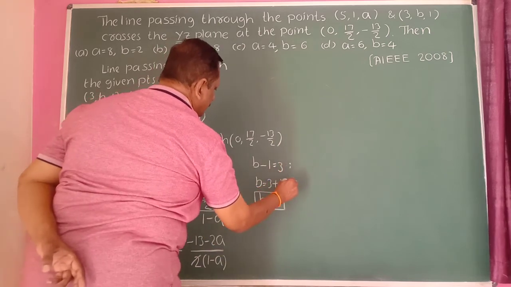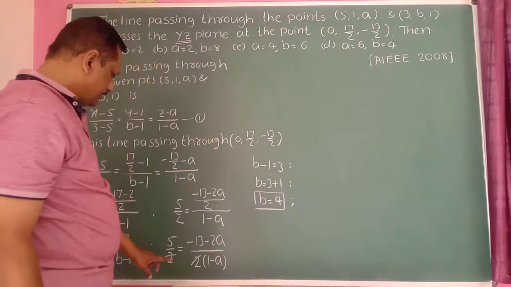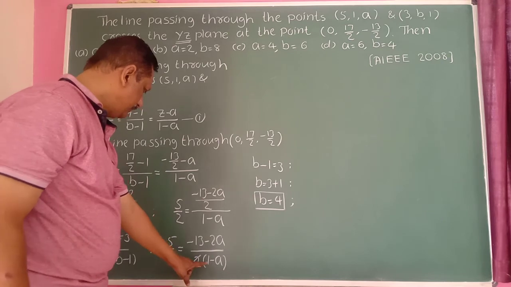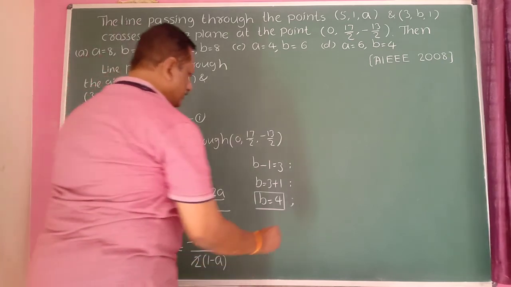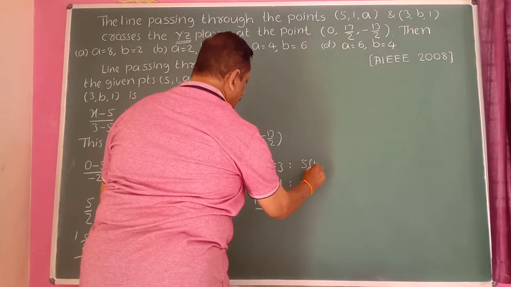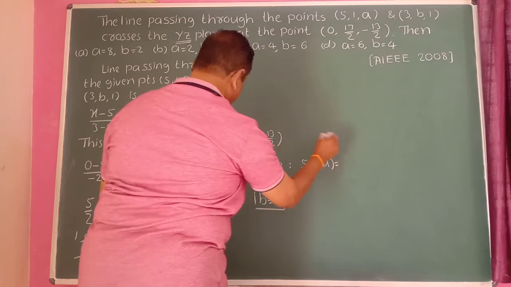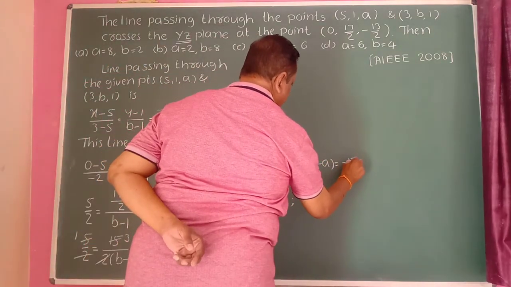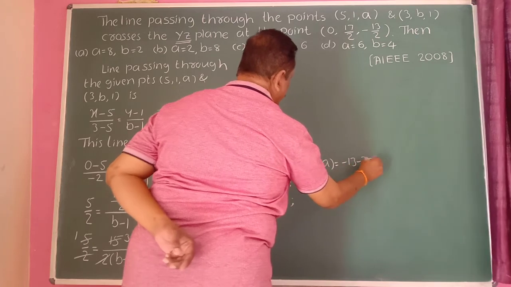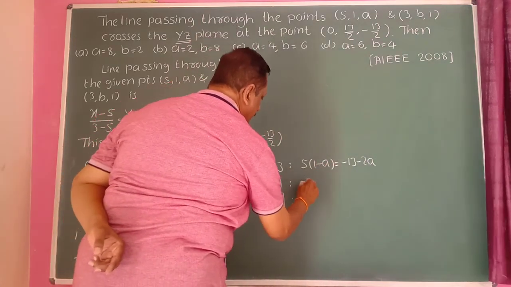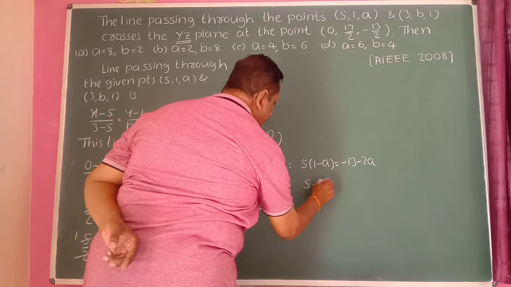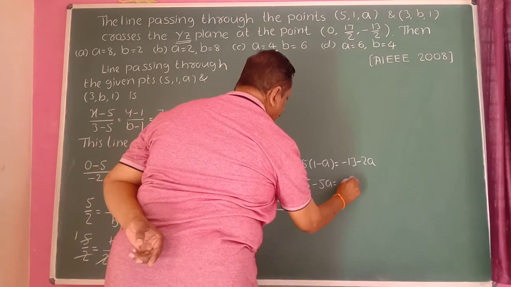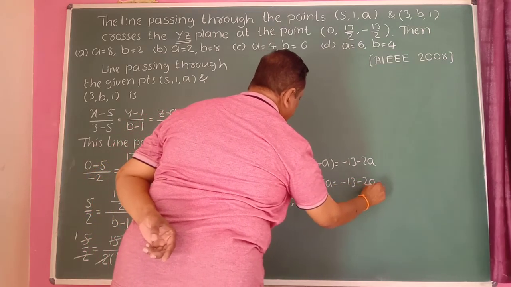Similarly, taking 1 minus a to this side, 5 into (1 minus a) is equal to minus 13 minus 2a. 5 ones are 5, minus 5a is equal to minus 13 minus 2a.